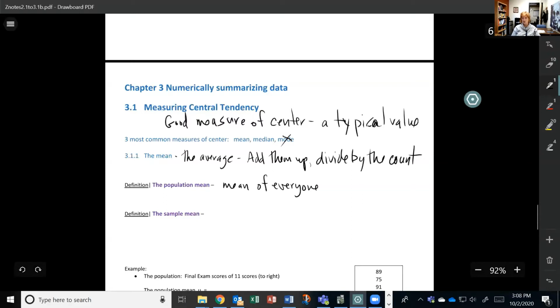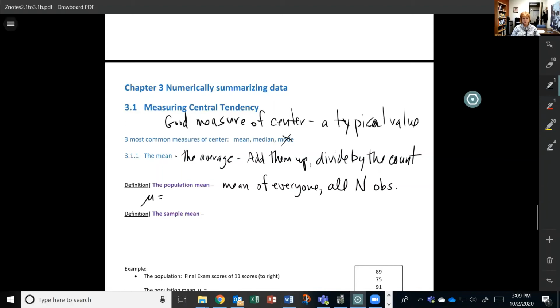You can think of the mean of all, and this is a capital N, which represents everybody in the population, so all the N observations. And the symbol for this is mu. Mu is a Greek letter. It's kind of like a cursive u, but it's got a line on the left side. This line is long on the left side.